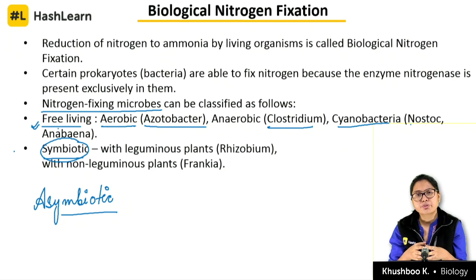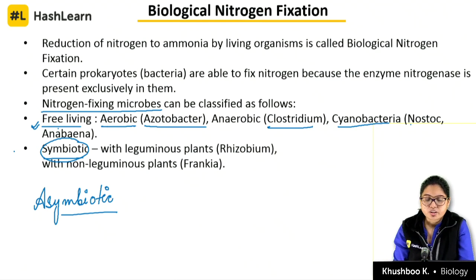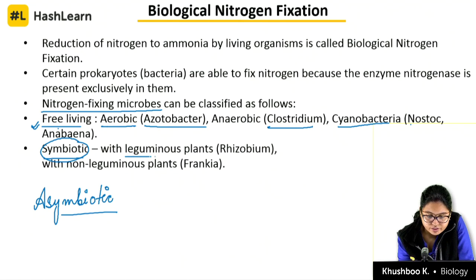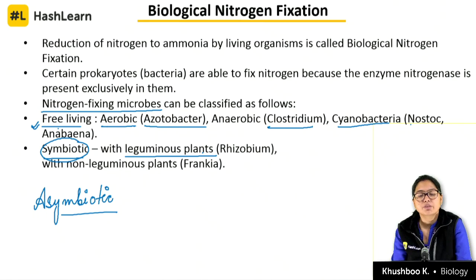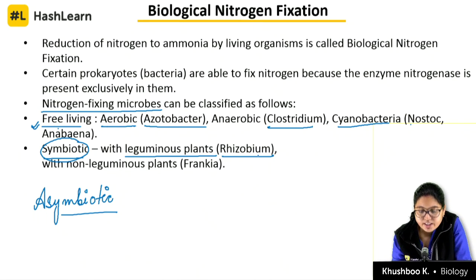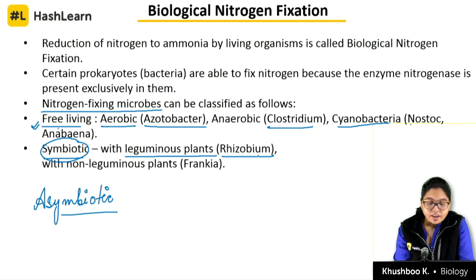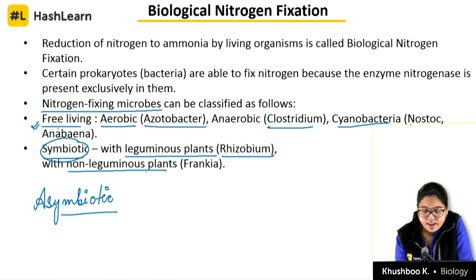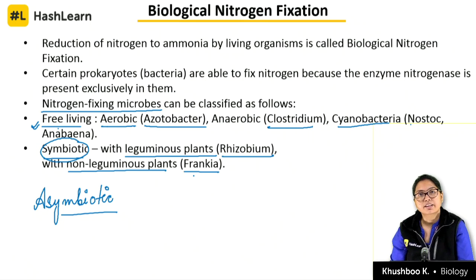This is a mutualistic relationship. The very common or classical example of symbiotic nitrogen fixation is found in leguminous plants, and the bacteria is Rhizobium. It can also happen in some non-leguminous plants, and the bacteria there is Frankia.